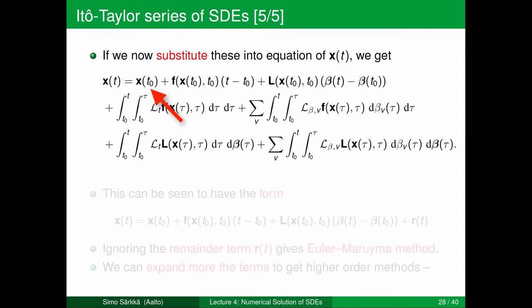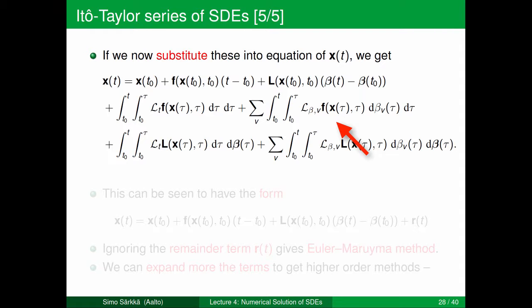So x is equal to x(t0) plus f(x(t0), t0) times (t − t0). This was also appearing in the deterministic case, but then we have L evaluated at (x(t0), t0) times β(t) − β(t0). So this wasn't in our ODE expansion at all. But then we have integral terms, where the first one is the double integral of L_t applied to f, and the next one is the stochastic integral of L_β,v applied to f.